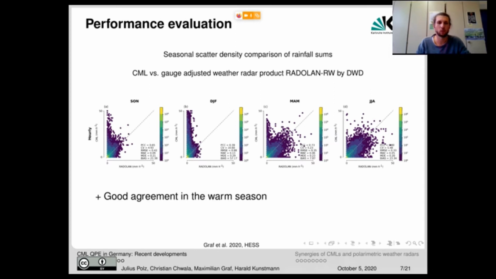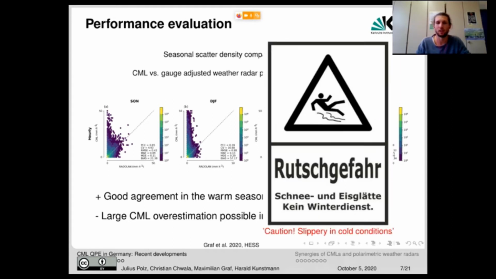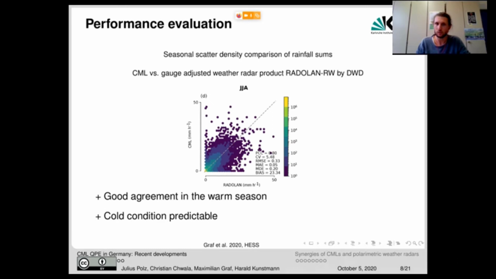So we've seen this good agreement in the warm season with quite a lot of data, so it's quite a large evaluation. But we also see this large CML overestimation possible in the cold season, which actually makes it a bit hard there. So we have to have a lot of caution when cold temperatures are there. But luckily, cold conditions are quite predictable. So we are now using the CML QPE mostly when it's warm.